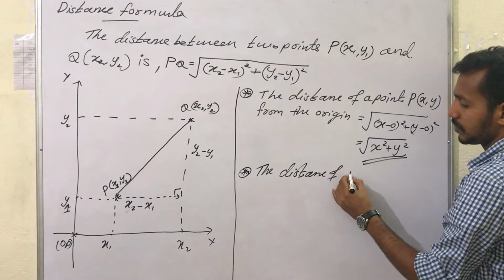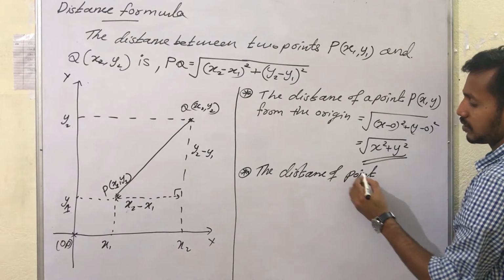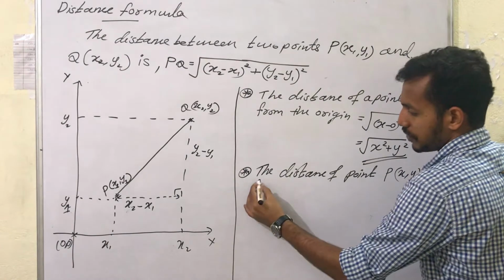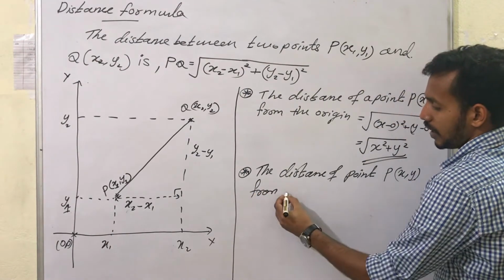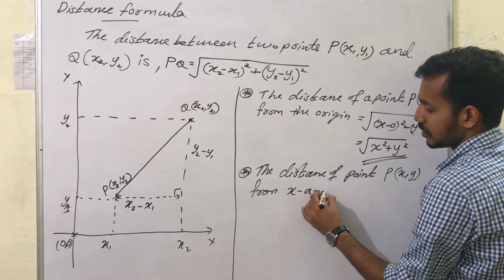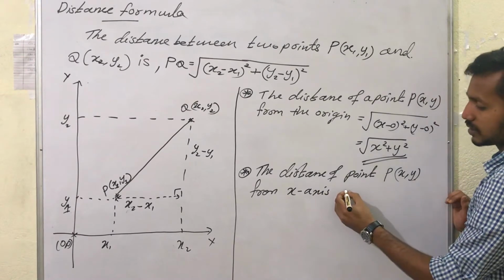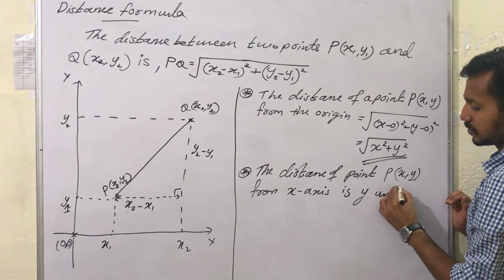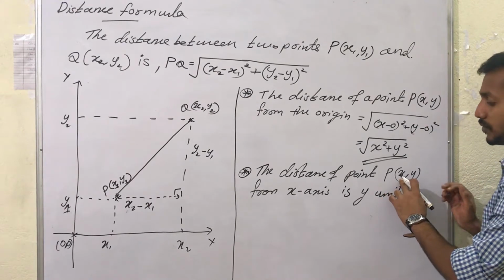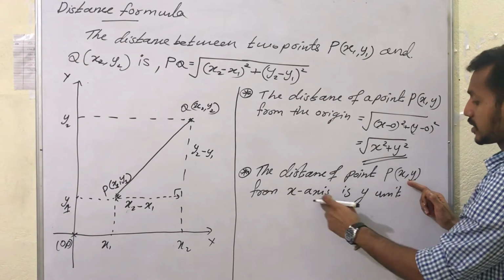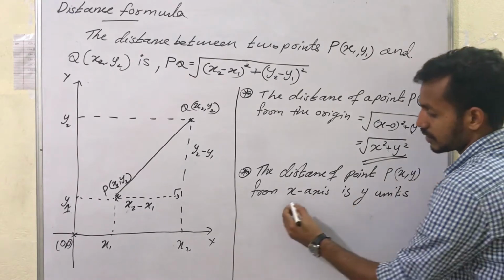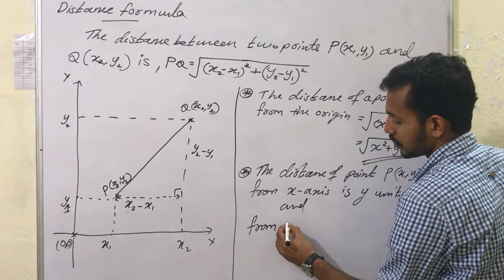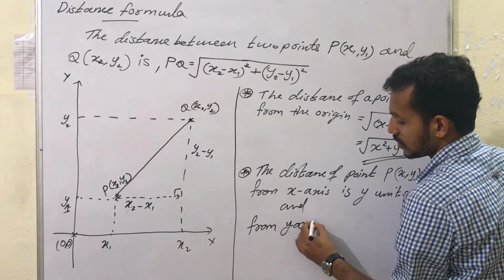So the distance of a point P(x, y) from the x axis is y units, and from the y axis is x units.